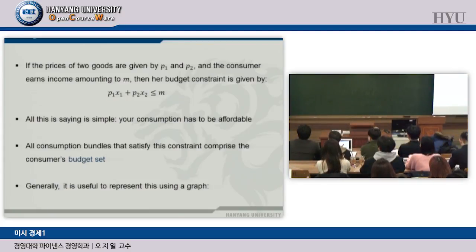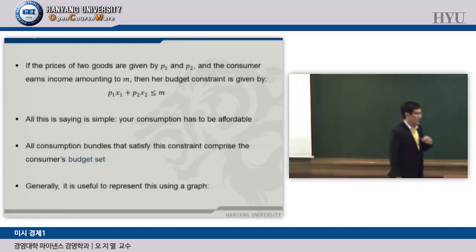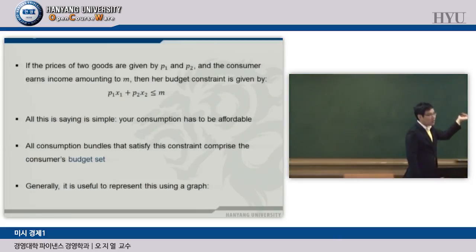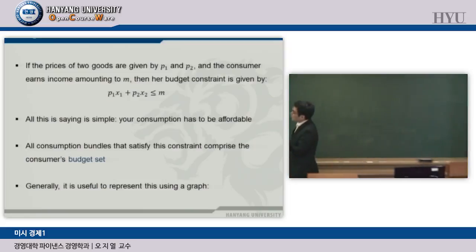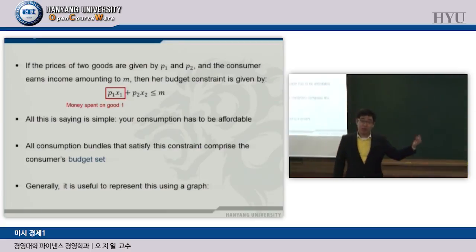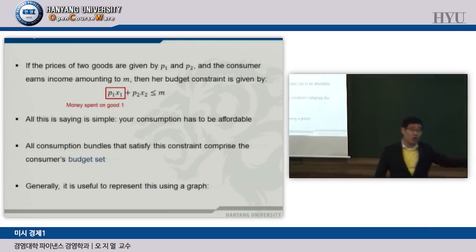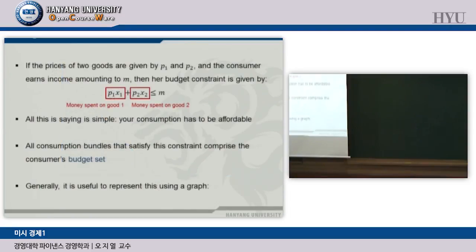So essentially, this one simple equation represents, so that's about 8 to 9 pounds. Okay, yeah. The budget constraint is saying money spent on good 1, P1 price times quantity, plus money spent on good 2 has to be no greater than your income.